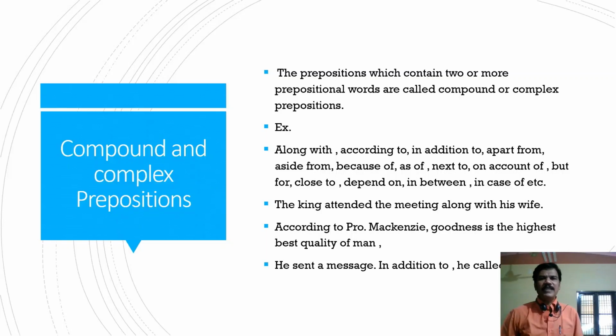Compound and complex prepositions. The prepositions which contain two or more prepositional words are called compound or complex prepositions: along with, according to, in addition to, apart from, aside from, because of, as of, next to, on account of, but for, close to, depend on, in between, in case of, etc. The king attended the meeting along with his wife.